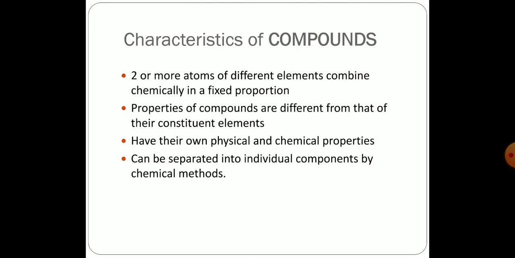This itself shows the properties of the compound are different from those of the constituent elements, and they have their own physical and chemical properties, and they can be separated into individual components by chemical methods. We can separate them, hydrogen and oxygen, back to their element form by chemical methods.